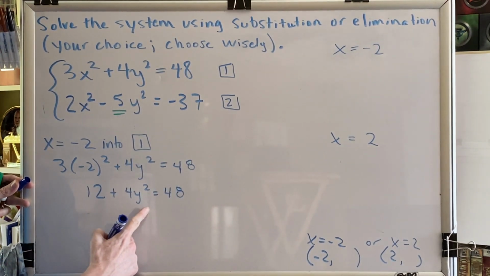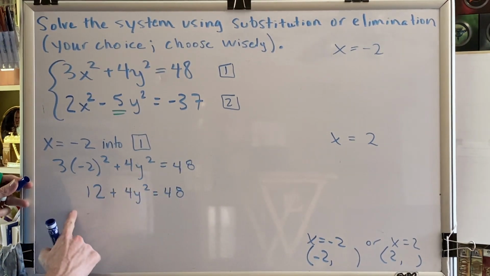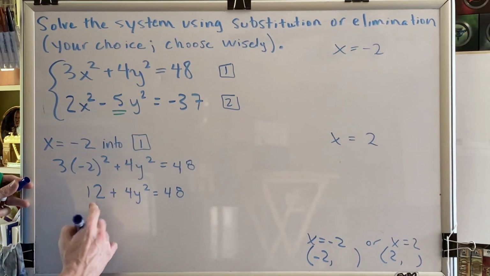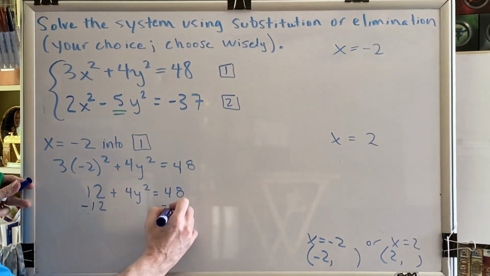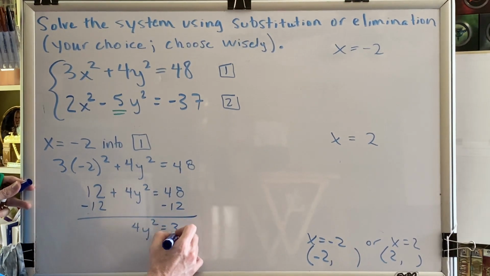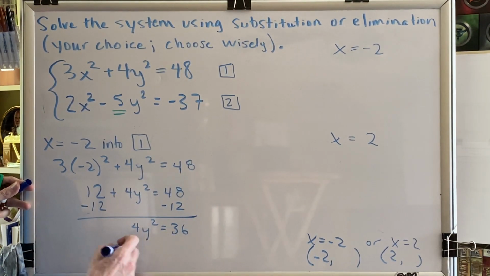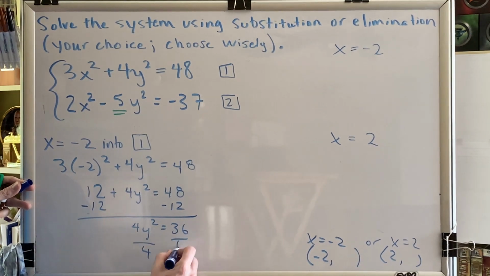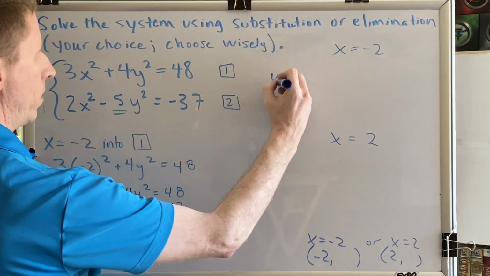To get y alone, everything else around it needs to go away. So first let's get rid of this 12 with subtraction. Minus 12, minus 12, 4y squared equals 36. Now get rid of the 4 with division. y squared equals 9.